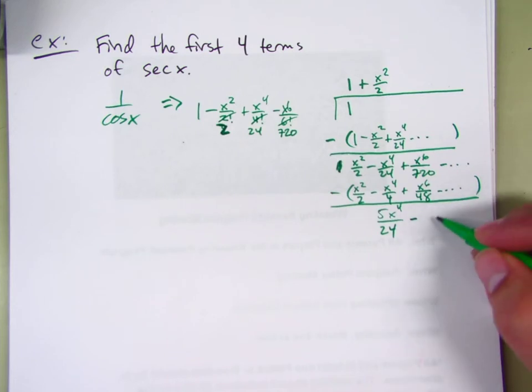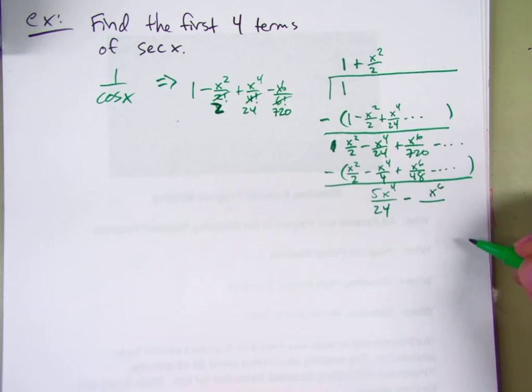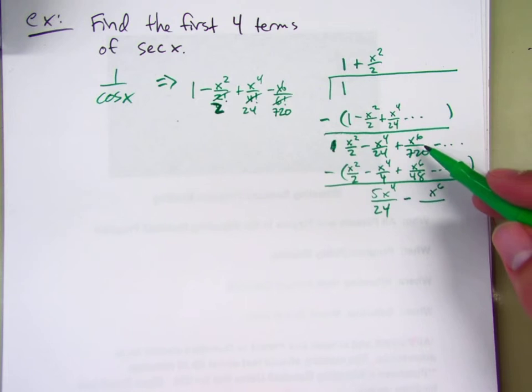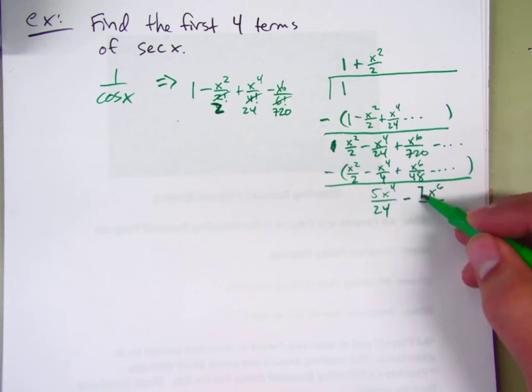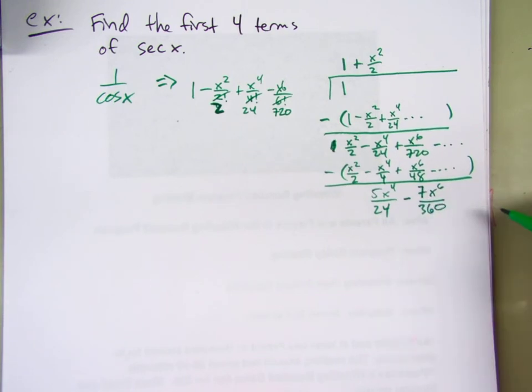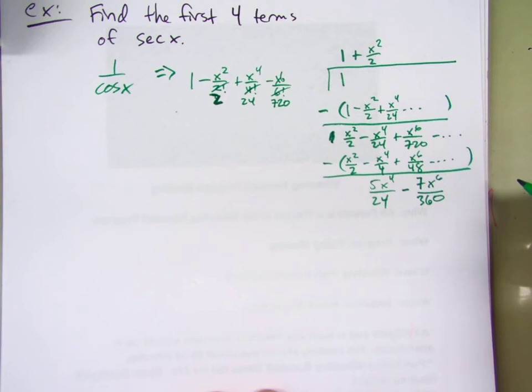Yeah, what's that going to be? X to the 6th over something. Yeah, 1/720 minus 1/48. Negative 7 over 360.